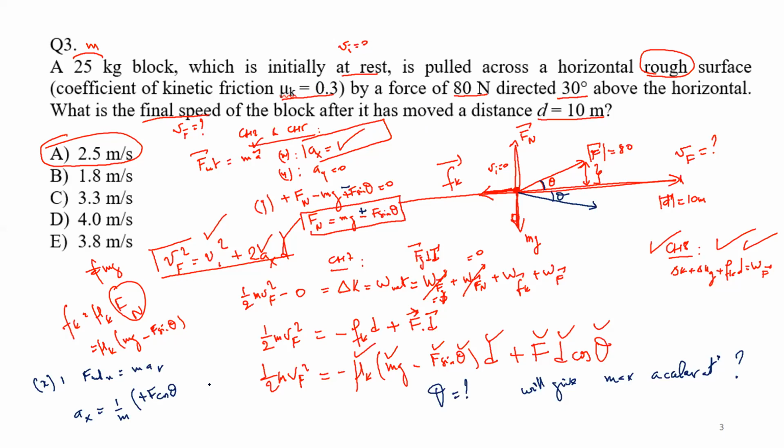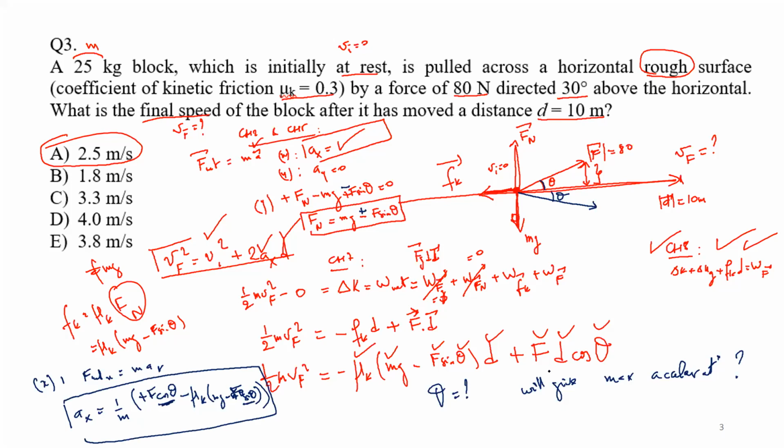What else do I have along x? I will have minus fk, but fk will be mu k Fn. But now Fn is equal to mg minus F sine theta, sorry. So this is my acceleration along x, and you see this acceleration is a function of theta.